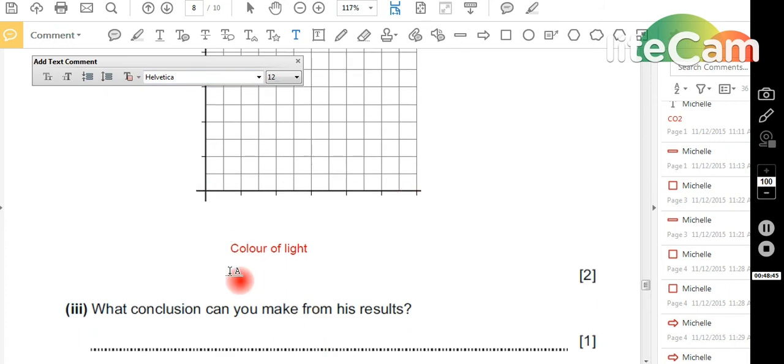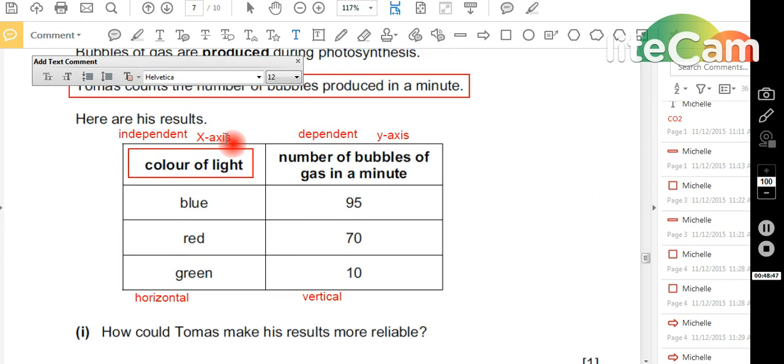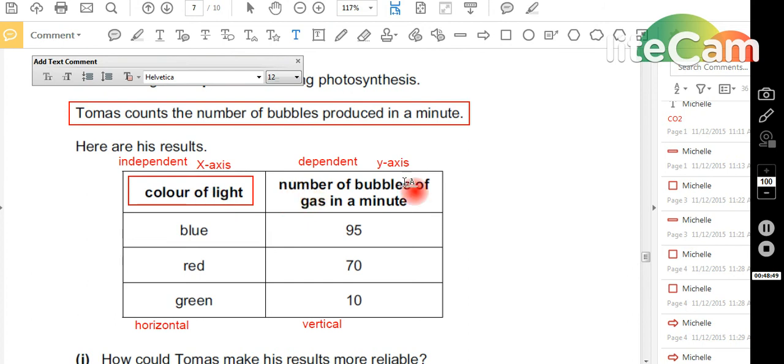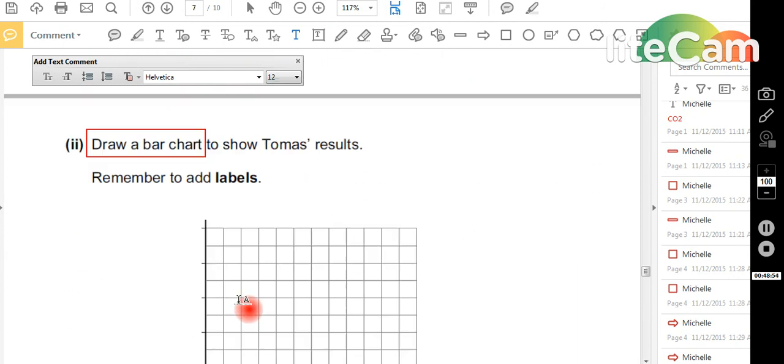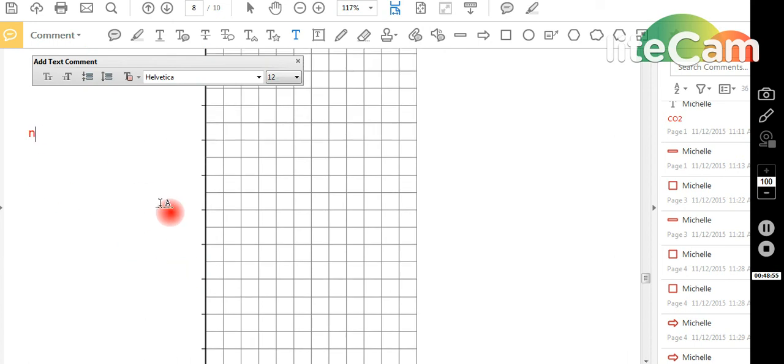Okay, so the x-axis, color of the light, is exactly the same. On the y-axis, we'll have number of bubbles of gas in a minute.